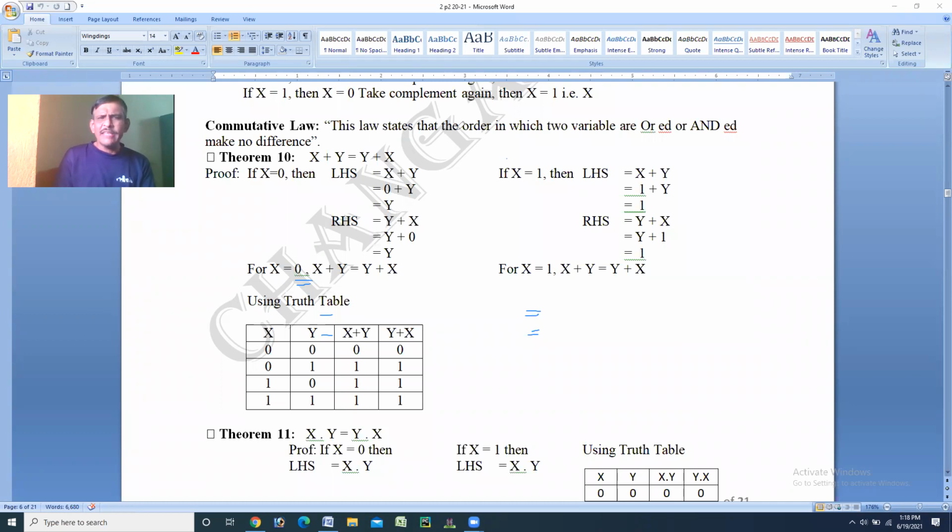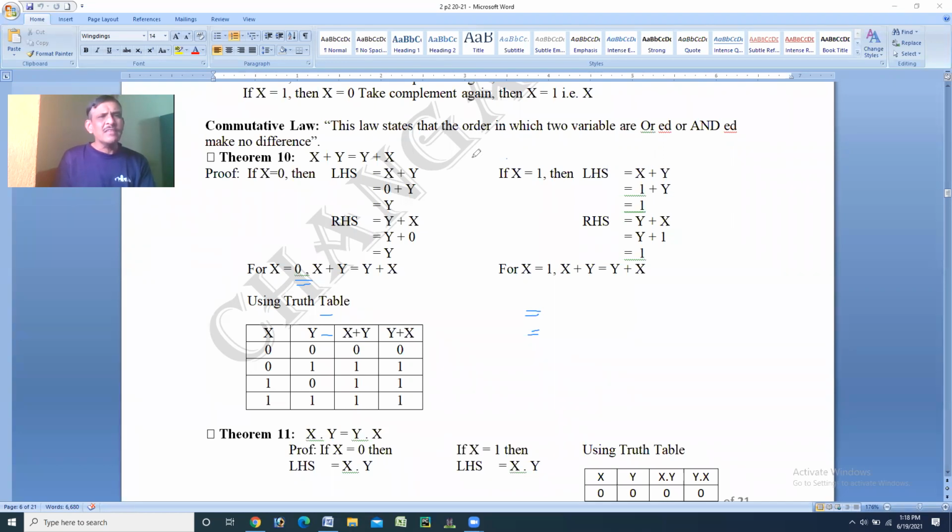The commutative law states that the order in which two variables are ORed, means logical addition, or ANDed, means logical multiplication, makes no difference. If you take the variables and change their order and write it with the logical addition or with the logical multiplication, you will not get any difference.